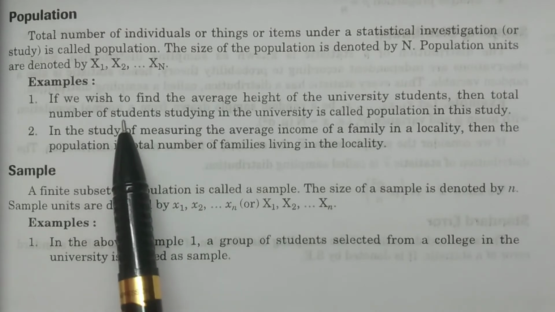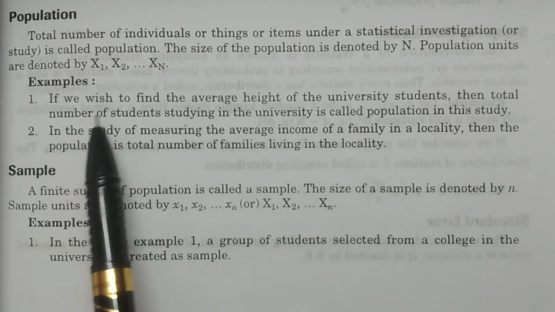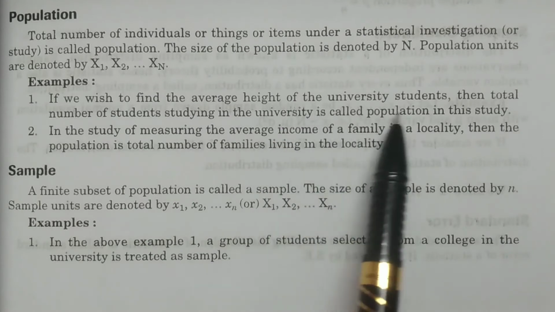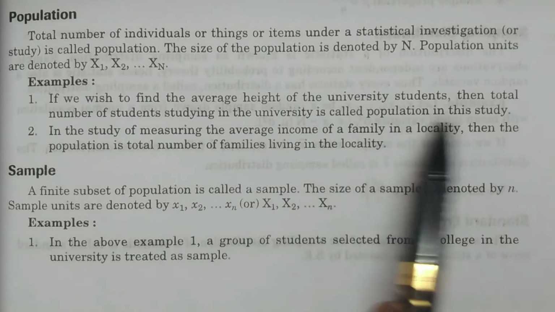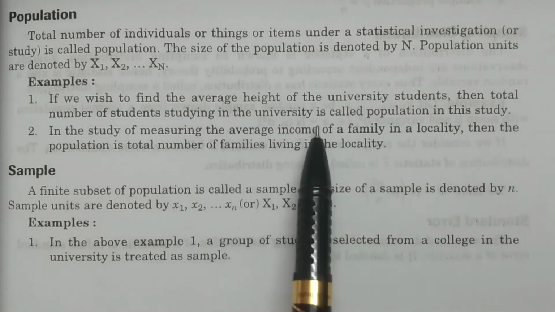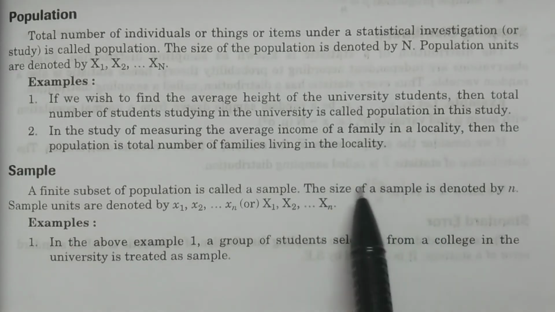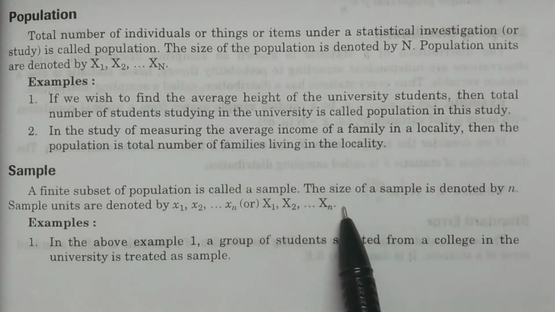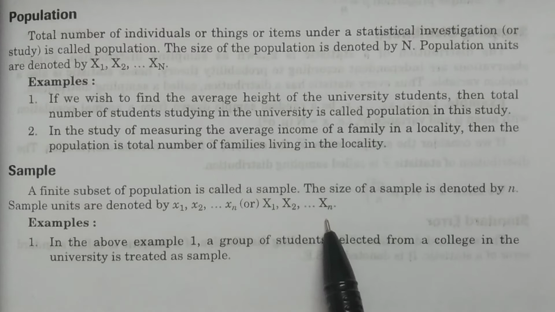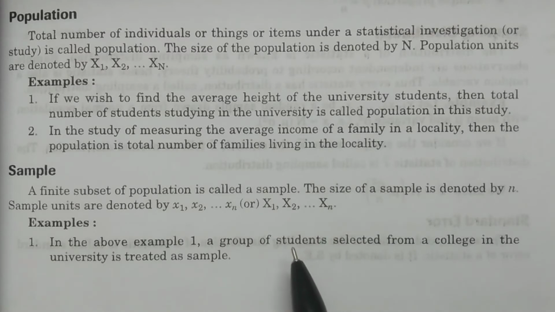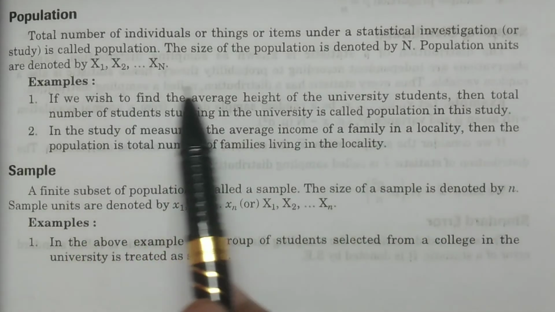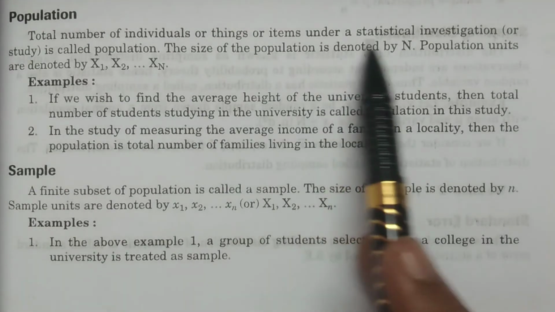If you want to find out the average height of university students, then the total number of students studying in the universities is the population in this particular study. For defining the population, there must be a particular statistical study, that is the base of defining the population, under a statistical investigation.